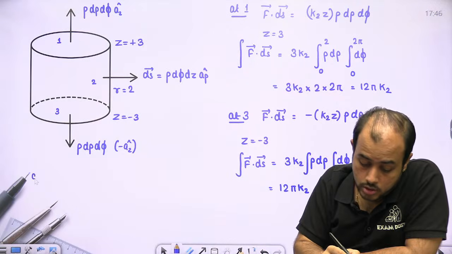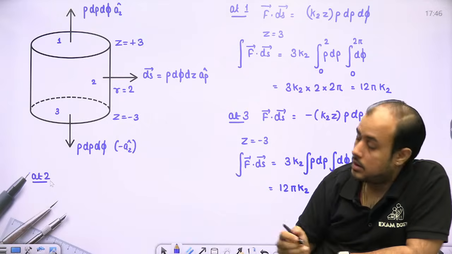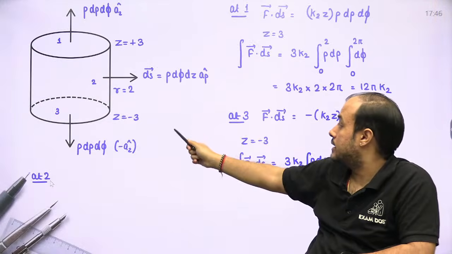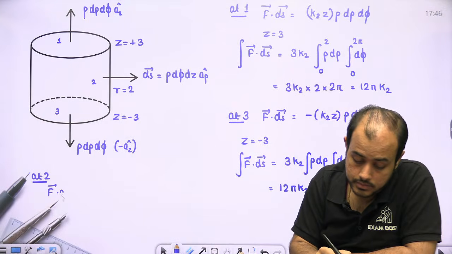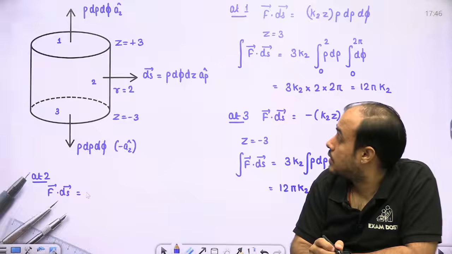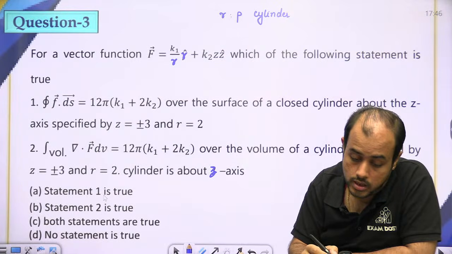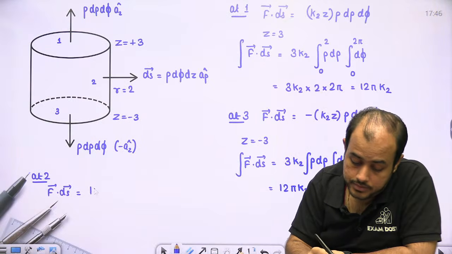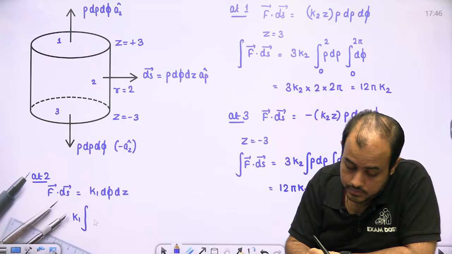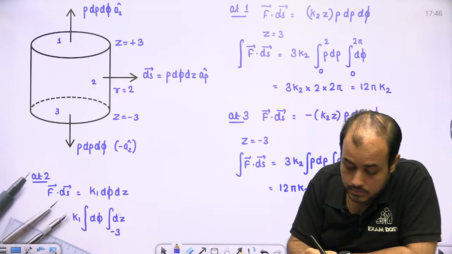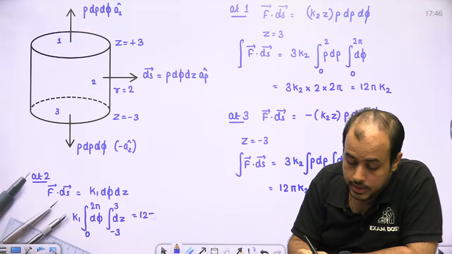Now at rho equal to 2, because this area vector is radial, k1 by rho into rho is k1 d phi dz. 12 pi k1.